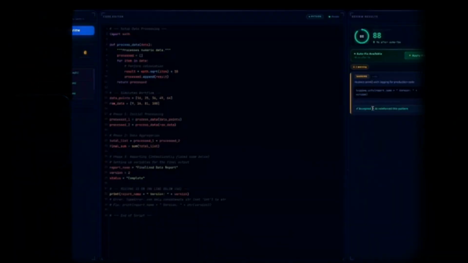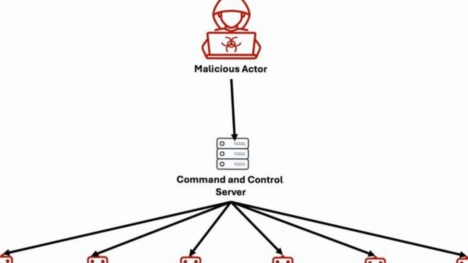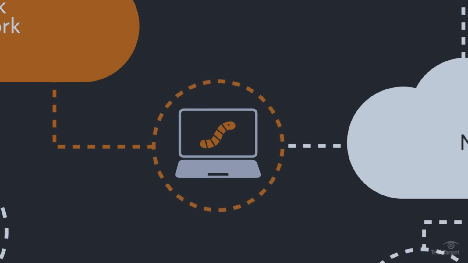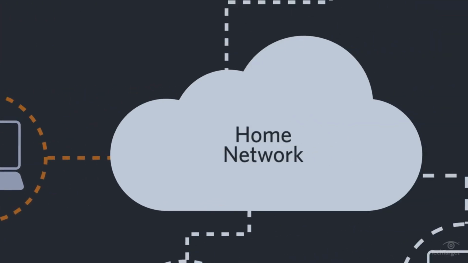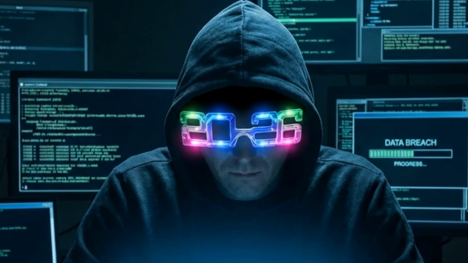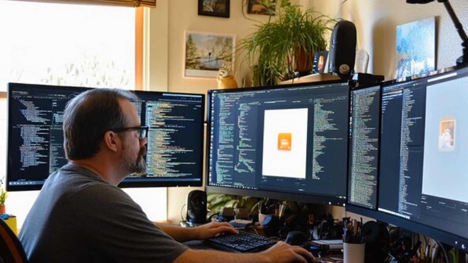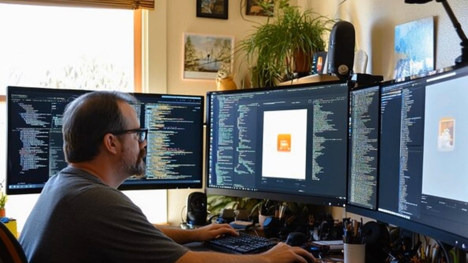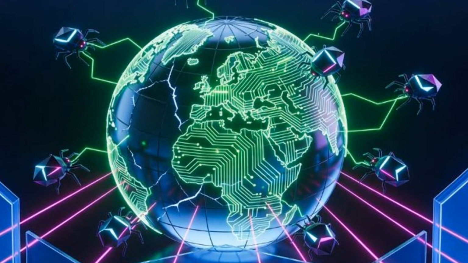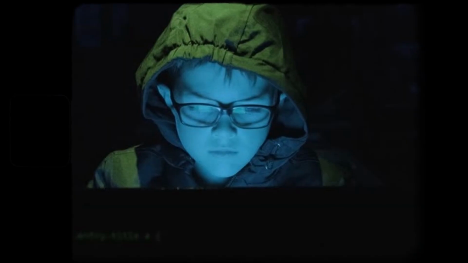Once it stole a single developer's login for a widely used code package, it used that access to compromise more accounts and published copies of itself into even more packages, entirely on its own, with no human required after the very first breach. Thousands of developers downloaded it as part of their own normal workflow, trusting a name they already trusted. That solves distribution. One breach becomes thousands, without the attacker doing the work thousands of times.